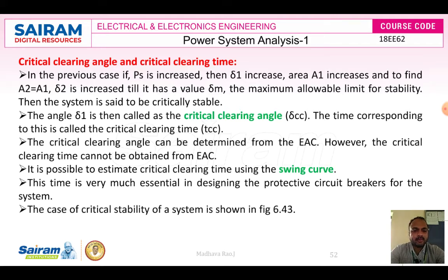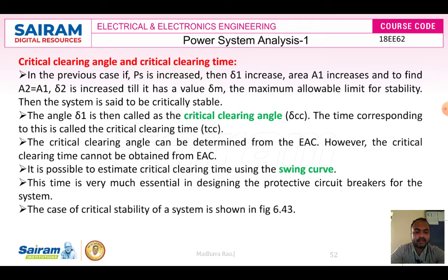This maximum allowable limit for stability is when the system is said to be critically stable. When critically stable, we can allow the maximum limit for stable conditions. Otherwise it is not possible when the system is not critically stable.